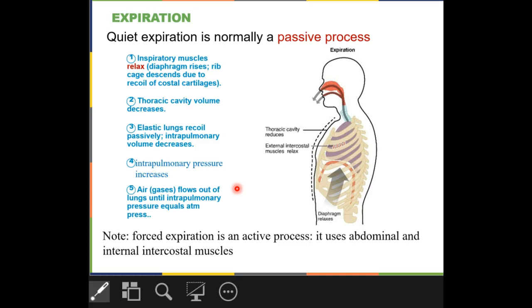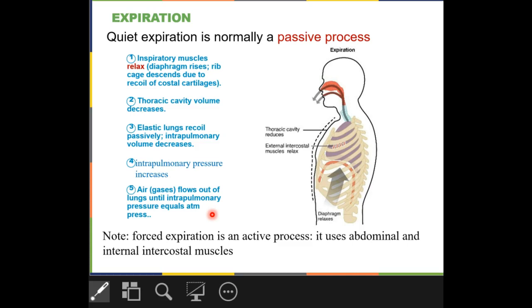But inspiratory muscles relax, thoracic volume decreases, so lung volume, intrapulmonary volume decreases. That increases the pressure, and air flows out until intrapulmonary pressure equals atmospheric pressure.